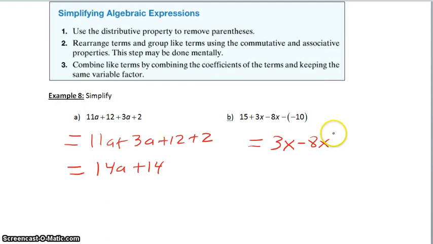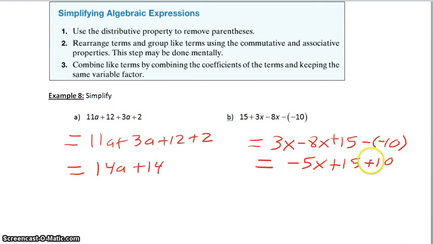We have positive 15, and we have minus a negative 10. Now we can combine like terms. 3x minus 8x is a negative 5x. 15 minus a negative 10, we'll bring down our plus 15, but this minus a negative 10 will become positive 10, because that means the opposite of negative 10, which is positive 10.